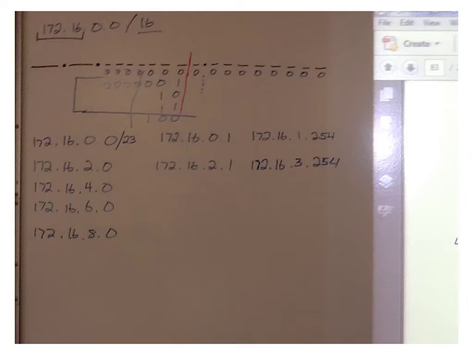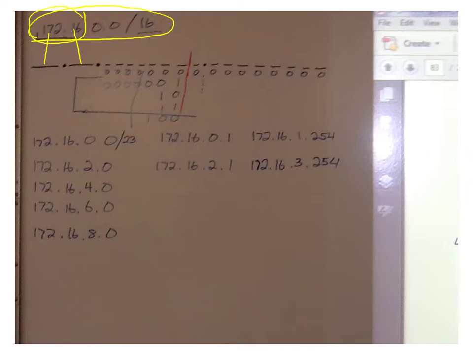Here's what we did to start with. We had this network to start with. This part right here, we can't change. So the 172, I didn't write the bits out for that, and I didn't write the bits out for the 16.